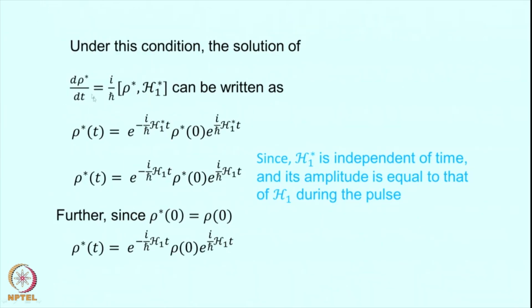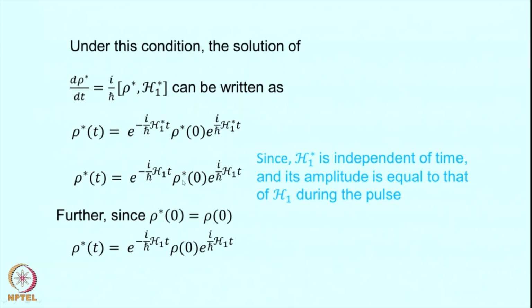Therefore, if it is time independent, then I can write the solution of this equation as rho star t is equal to e to the minus i by h cross H1 star t, rho star 0, e to the i by h cross H1 star t. Now I can replace this H1 star by H1, because I say that it is independent of time, and the amplitude is equal to H1.